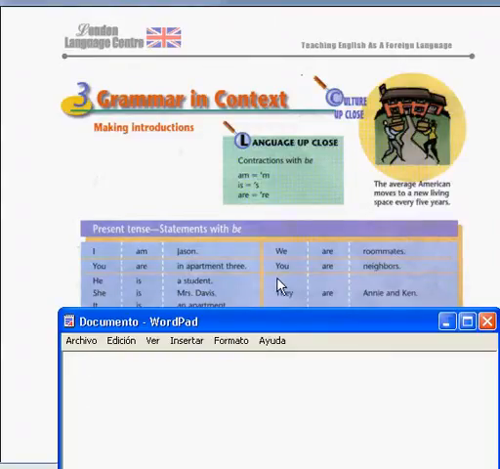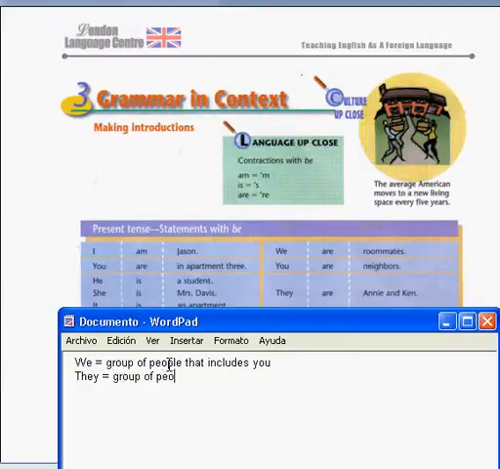The pronouns used in English that refer to a multiple group of people are we, you, and they. All three pronouns are used with are. We refers to a group of people that includes you, while they refers to a group of people that does not include you.